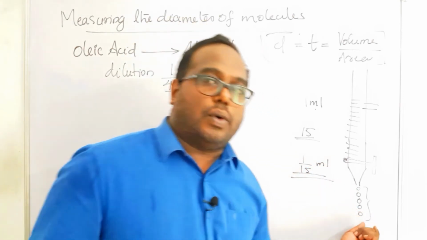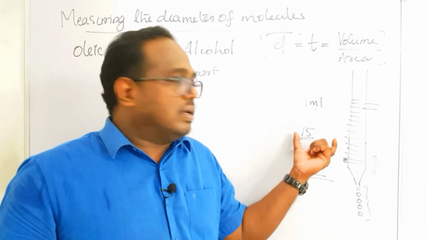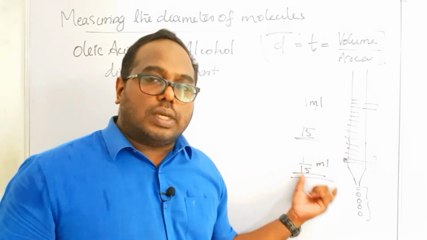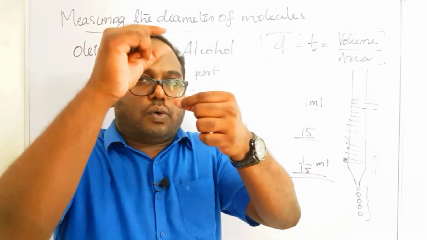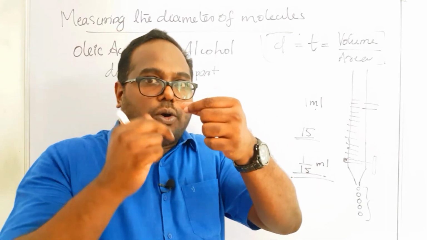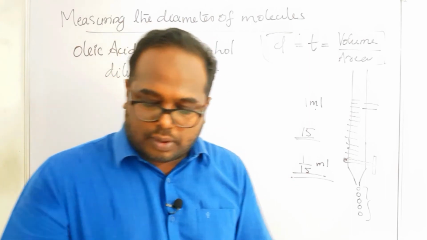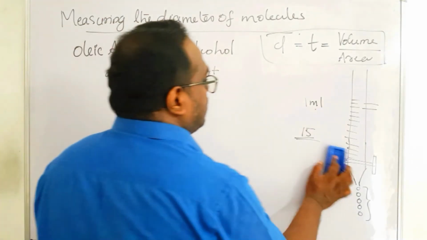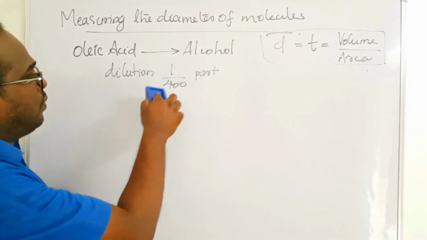So 1 drop of the solution contains 1 by 15 ml. This is just an example, an arbitrarily chosen value. If you do the experiment, you use the original value. You measure how many droplets come out for 1 ml, count that and divide it, and you will get the volume of 1 drop. So this is 1 by 400 part.